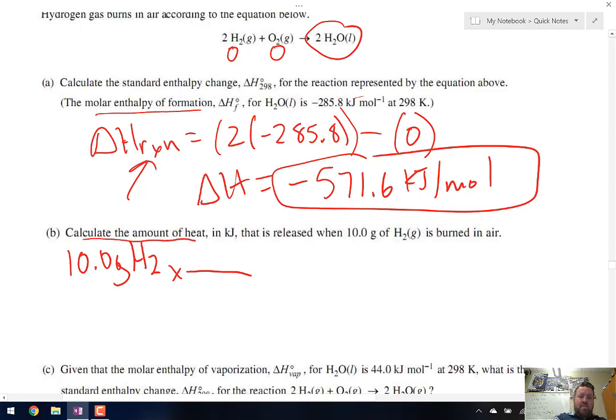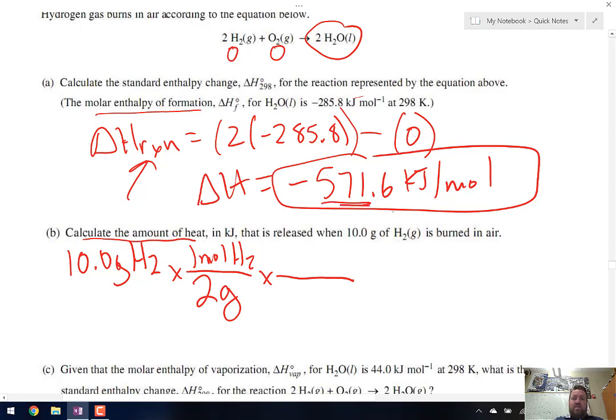Remember, calculate the amount of heat means the Q value, which means you're going to use that enthalpy change to get rid of that. Okay, and we know the molar mass of hydrogen is 2, so there's 2 grams in 1 mole of H2.